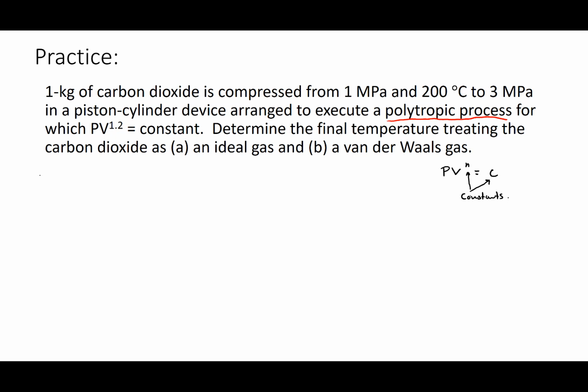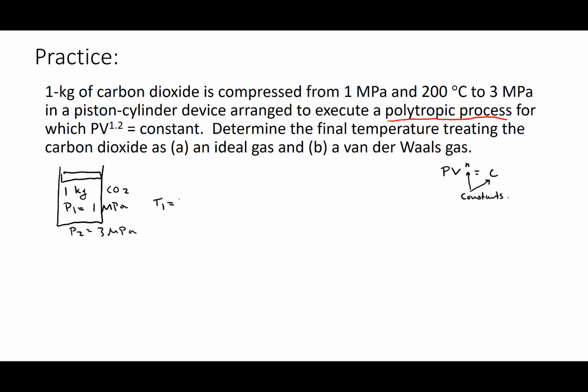First of all, let's draw a diagram of what we have. We have a piston cylinder device with 1 kilogram of CO2, and it's compressed from P1 of 1 megapascal to P2 of 3 megapascal.